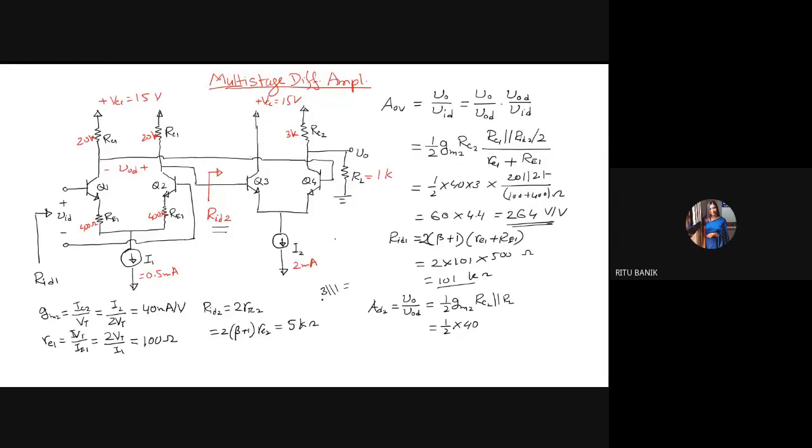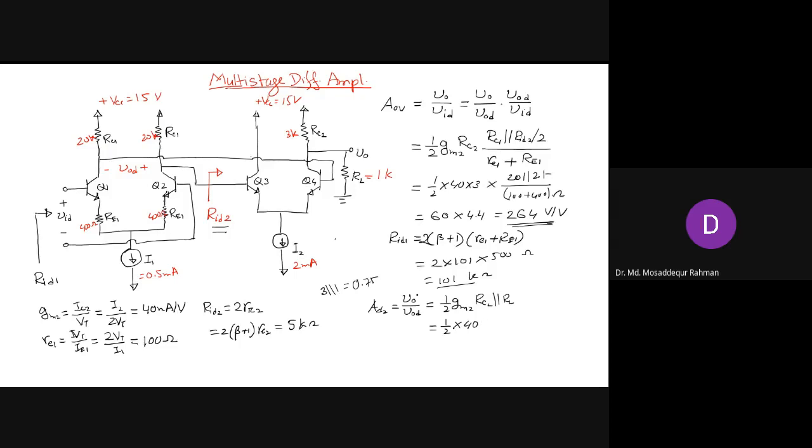What is the value of the parallel combination of 3 and 1? 0.75.